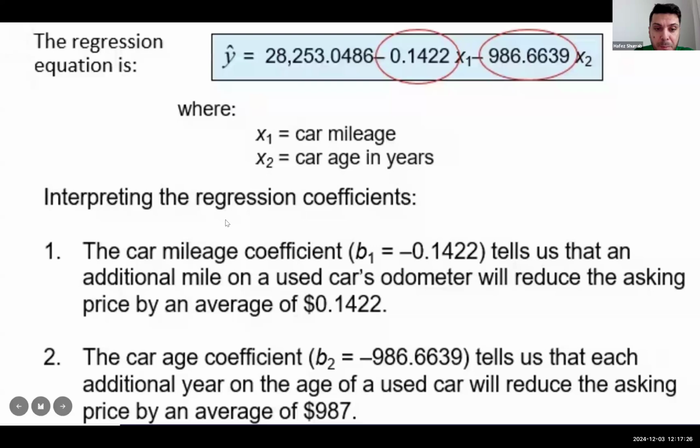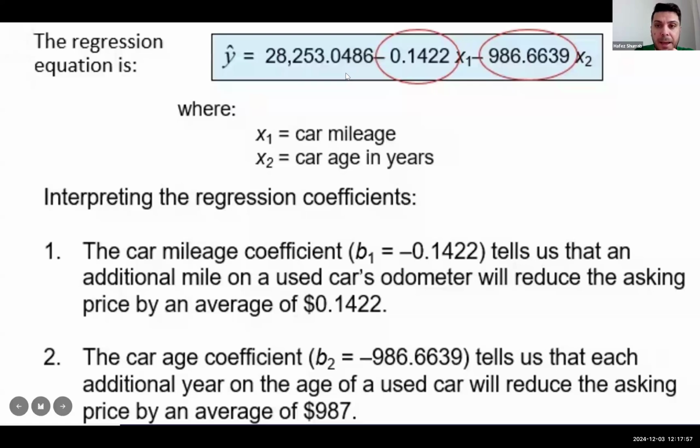If you talk about the car mileage, the intercept here says that, before adding the factors of the car mileage and the age, the price starts from 28,000 for any used Camry, assuming zero car mileage, zero car age. So it's pretty new without any adding. I mean, it's used, but this is just hypothetical.